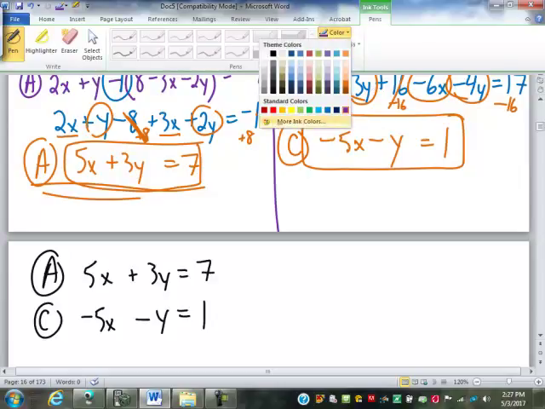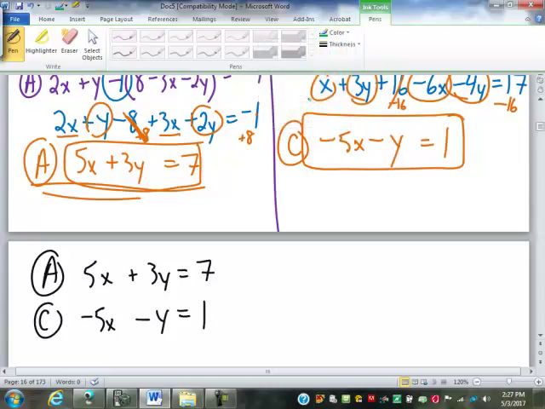I have 2 equations, 2 variables. I can use whatever method I want to solve that system. Looking at this one, this is very easy to solve by elimination. It's already lined up with the x's, the y's, the equal sign, and then our constant number.